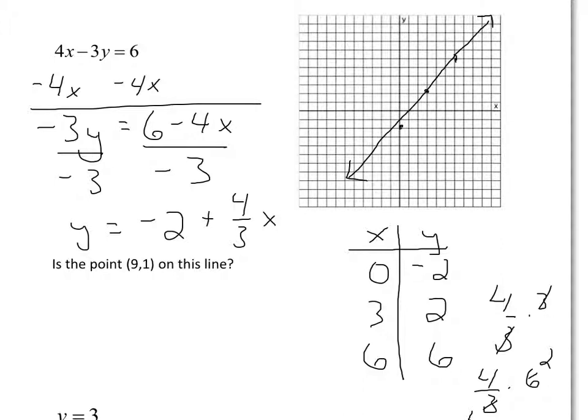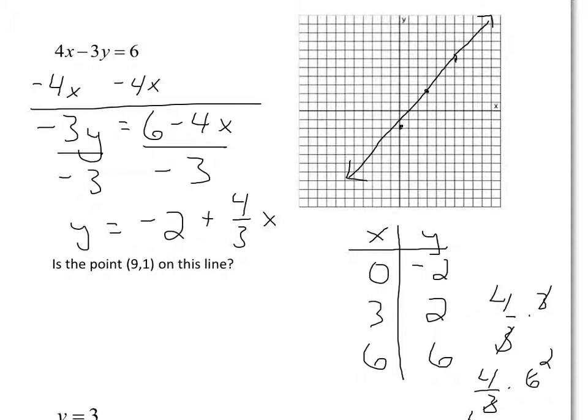So is the point 9, 1 on this line? What this line is showing you is all of the points that will make the equation 4x minus 3y equals 6 a true statement. There's an infinite number of points that will do that, and all of those points lie on the line we just drew. So if I want to find out if 9, 1 is one of those points, I'm going to put it in the equation and see if I get something that's true.